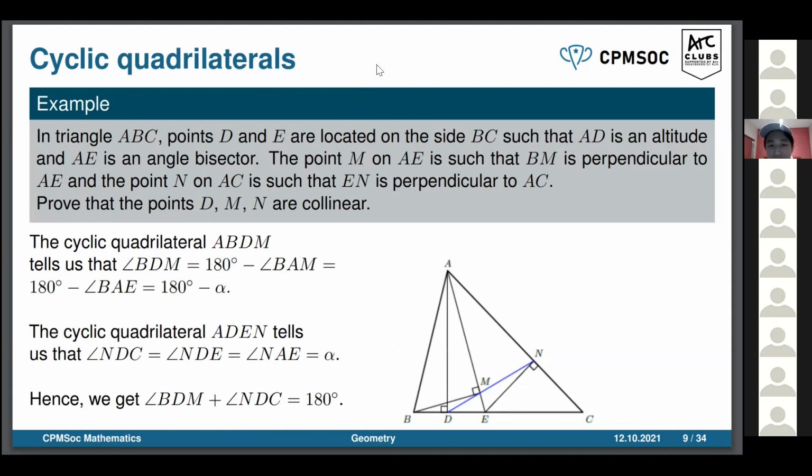I guess I got one thing. For these types of questions, try to be careful not to accidentally assume what you're trying to prove. For example, in the diagram, D, M, and N already look collinear, so you might accidentally use the fact they're collinear before you've proved it.